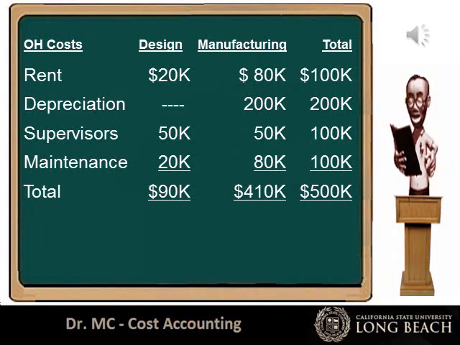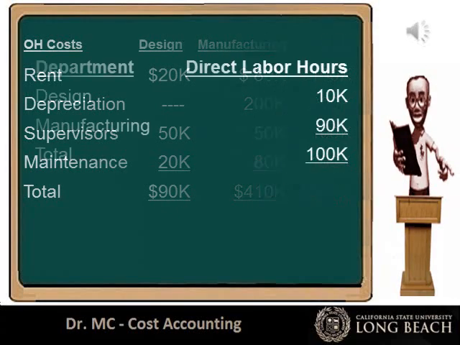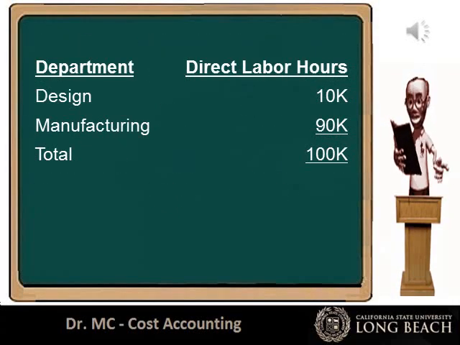Assume that the overhead for the entire factory is $500,000. The overhead for the design department is $90,000, and the overhead cost for the manufacturing department is $410,000. Assume that the entire factory uses 100,000 direct labor hours, the design department uses 10,000 direct labor hours and the manufacturing department uses 90,000 direct labor hours.